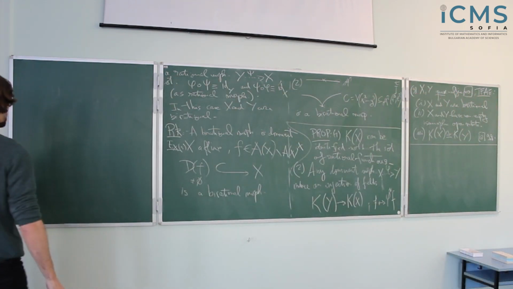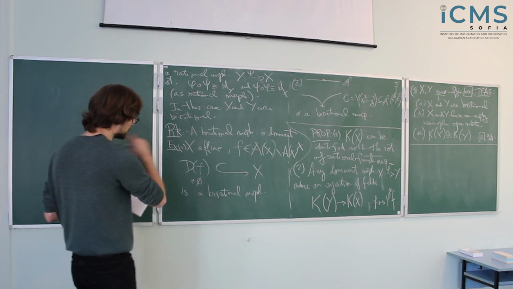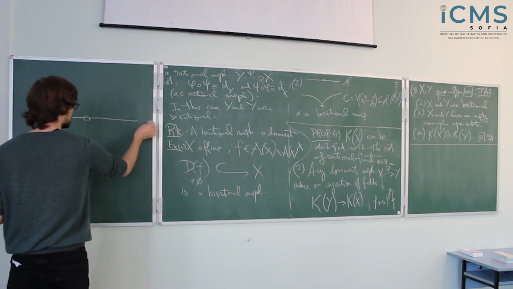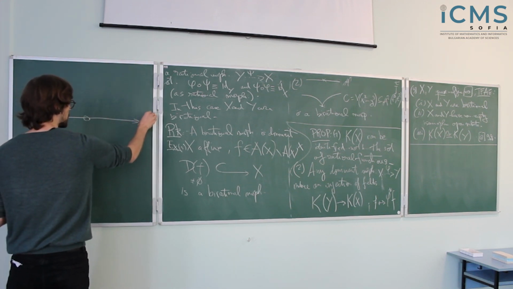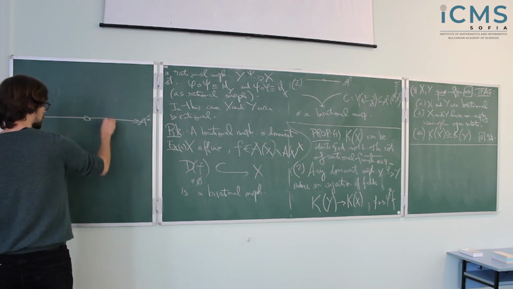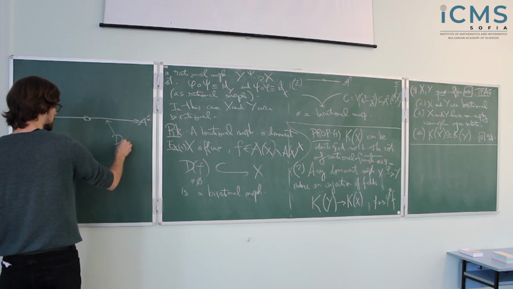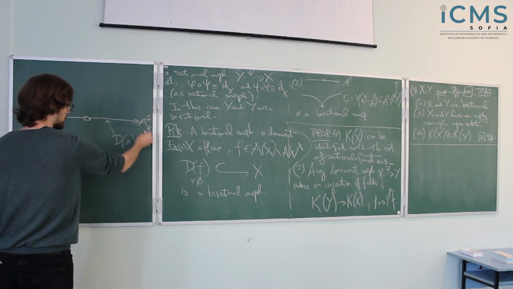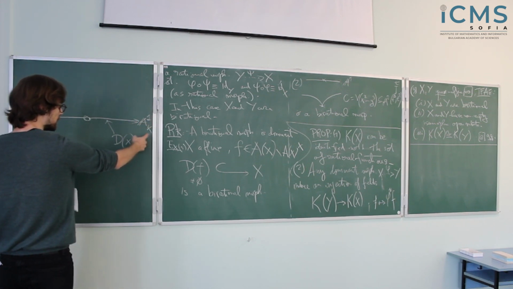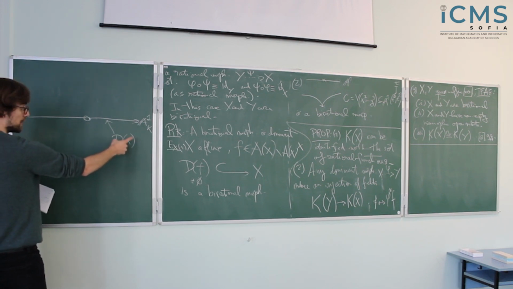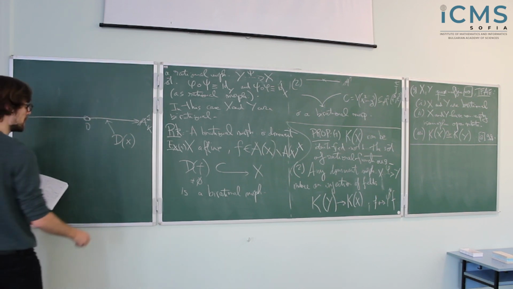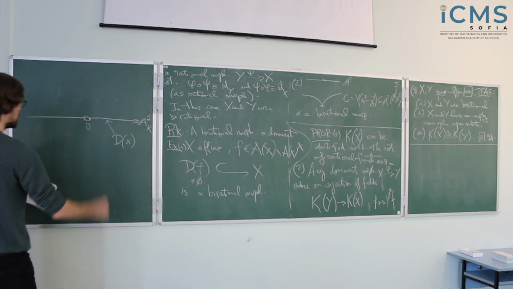As you remember, we had, let's say this is A1, and this set is D(x). In one variable, this is associated to k[x], and you have an element x, the function on the whole line, and if I want to get rid of the origin, 0, I just take D(x). So this is a principal open.